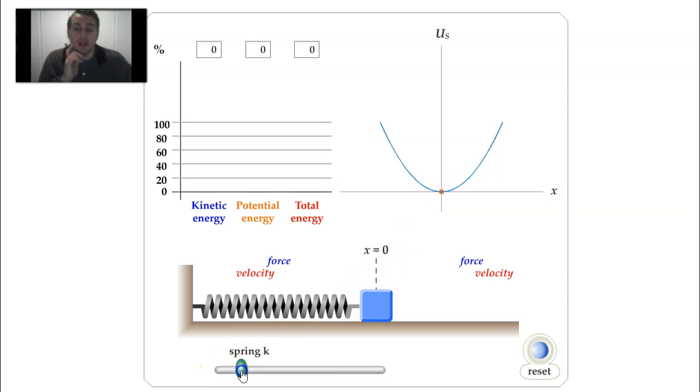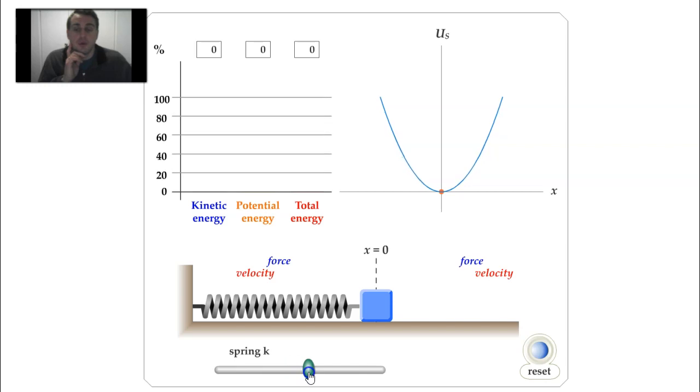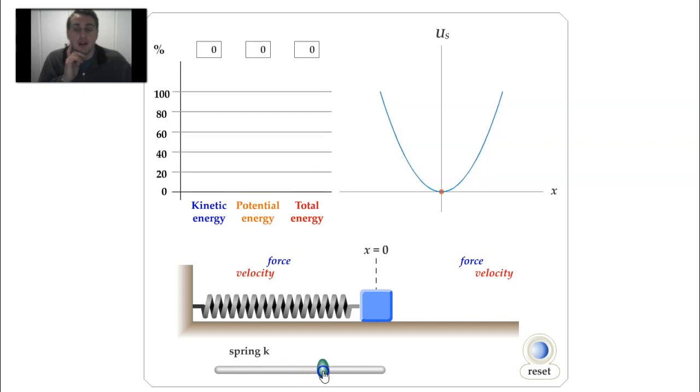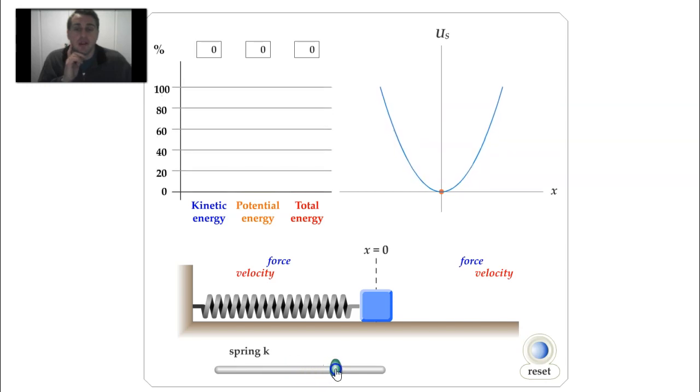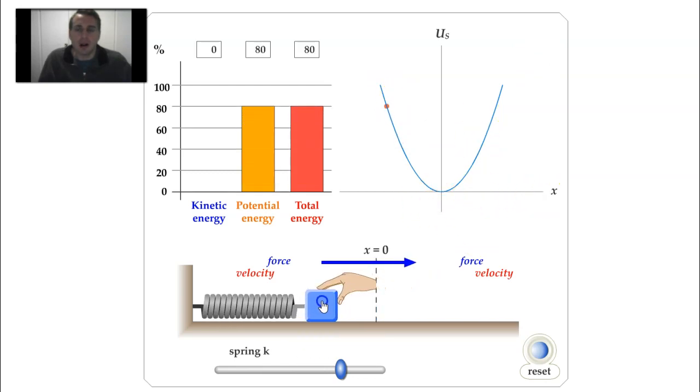So let's increase the Hooke's law spring force by increasing the spring constant, and indeed we do have greater slope to the potential energy versus position graph. Let us compress this spring to that 80% we had before, and look at this.